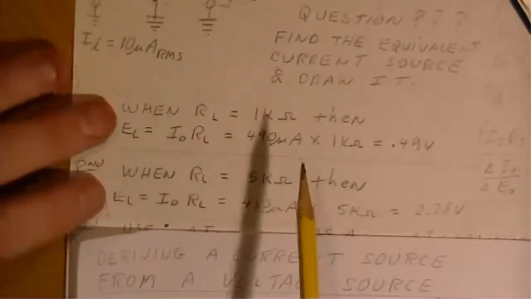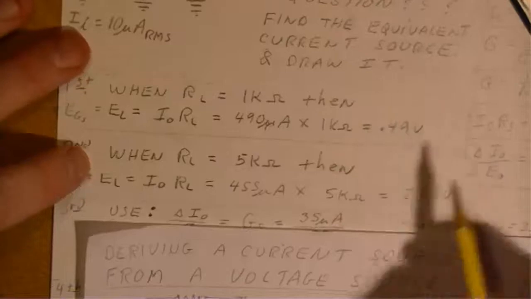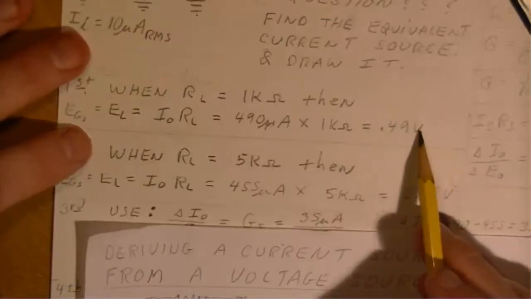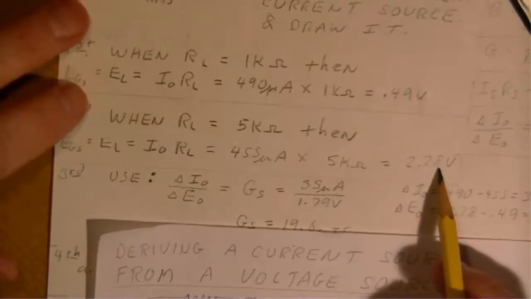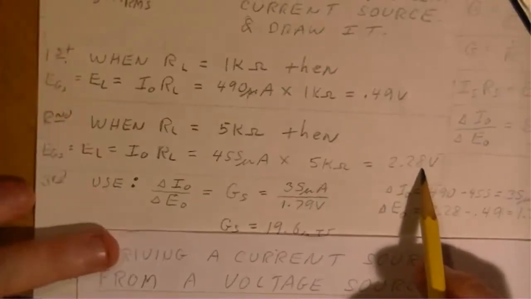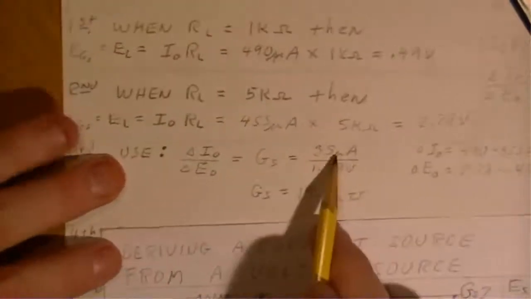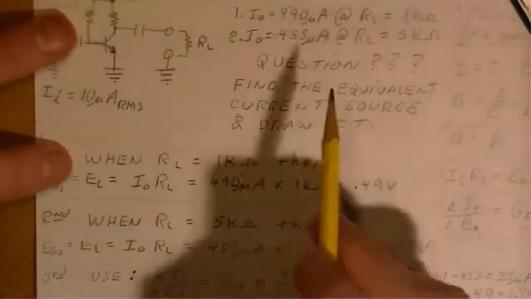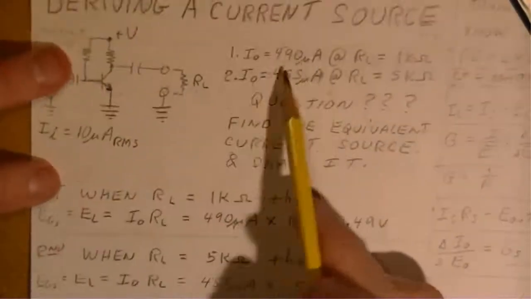Here is what is given. You take the individual current, multiply it by its resistor, and in one case you get 0.49 volts, and in another case you get 2.28 volts. So we've got both elements needed. We've got a difference in current, 35 microamps, found by subtracting 455 microamps from 490 microamps.